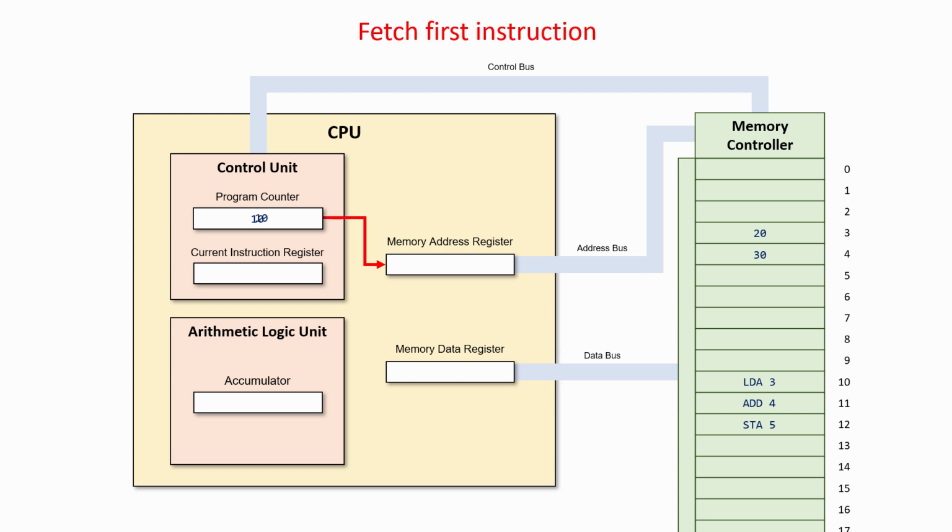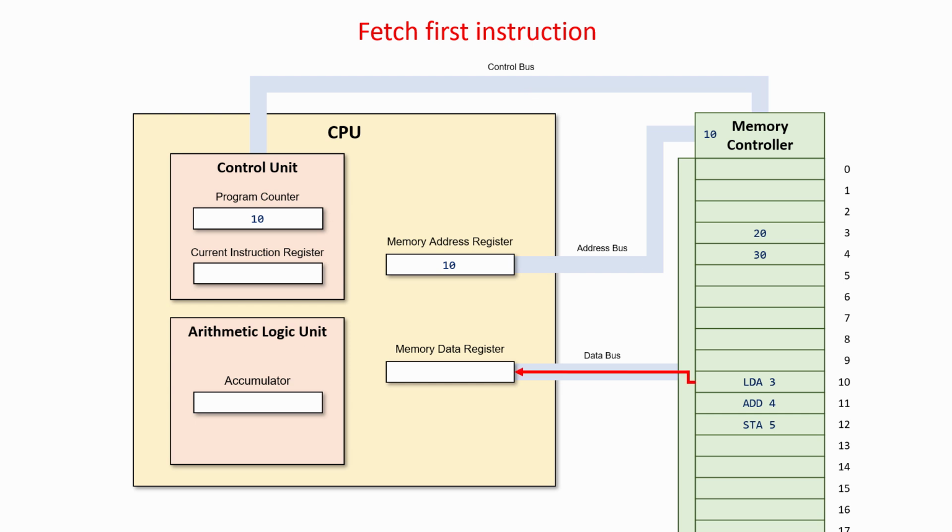To fetch the next instruction, the memory address stored inside the program counter is copied into the memory address register. This makes it available to the address bus, so it can be copied to the memory controller. Now, the control unit issues a read instruction to the memory controller via the control bus. The CPU wants to read something from the memory.